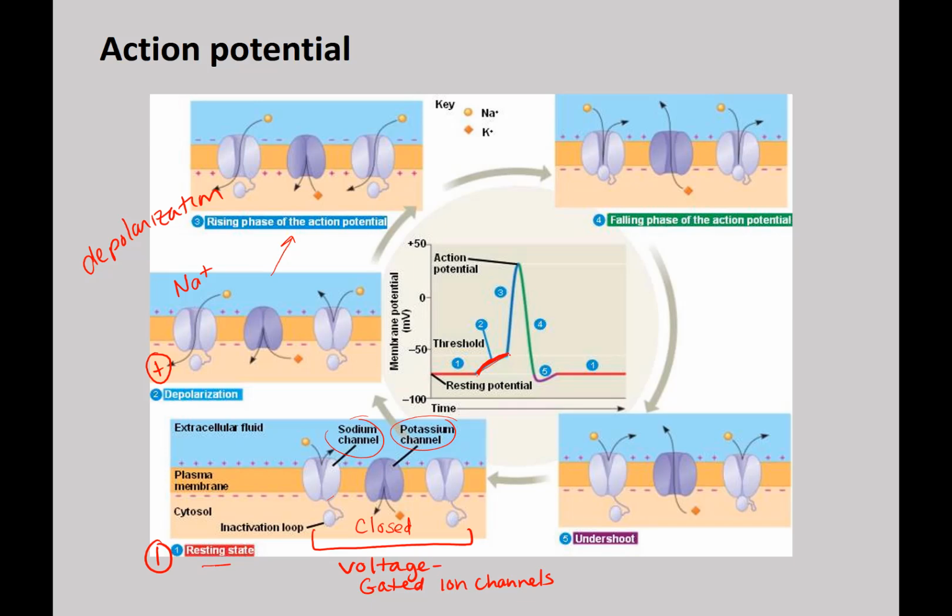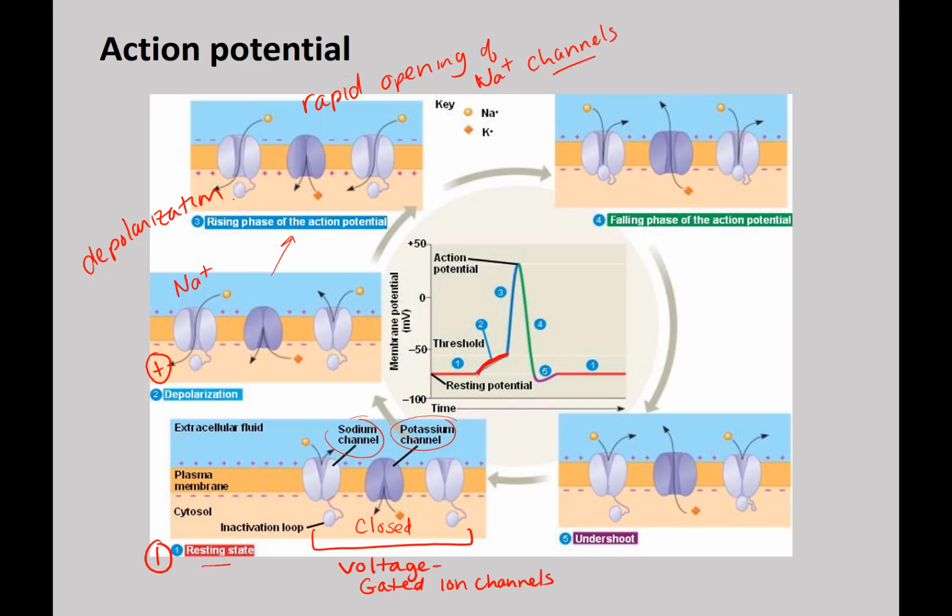As soon as we hit that threshold potential, you get rapid opening of the sodium ion voltage gated ion channels. I'm just going to write sodium channels for short. Okay.